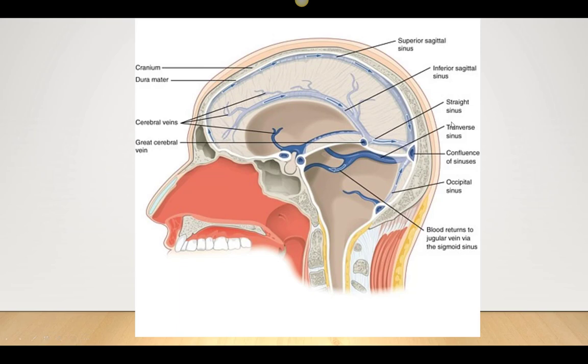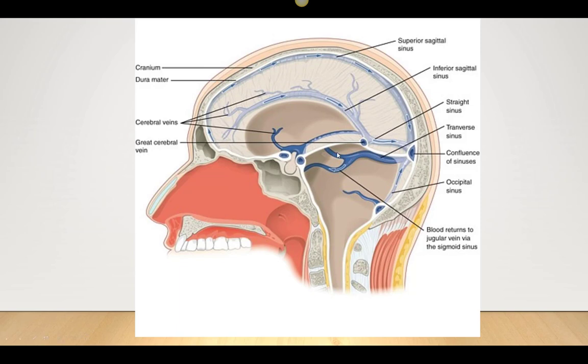Now this transverse sinus continues as this S shape that we call the sigmoid sinus. When it gets here, it goes down toward the jugular foramen, passes through that and becomes the internal jugular vein, which goes down alongside the neck to join the subclavian vein and become the brachiocephalic vein on each side, right?